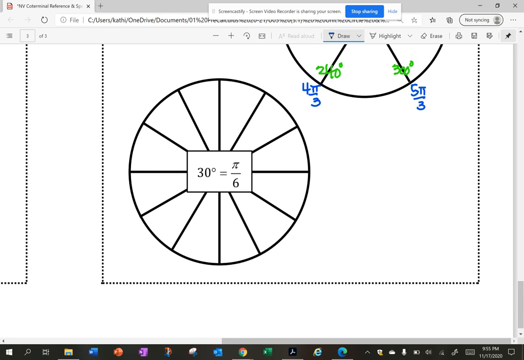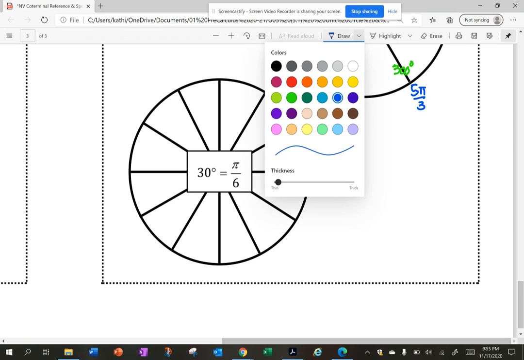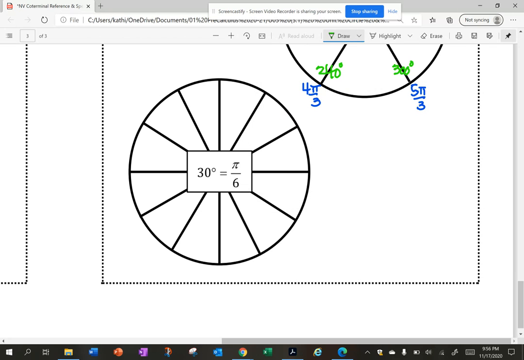And let's do the same thing for 30 degrees, which is pi over 6. So do degrees first.